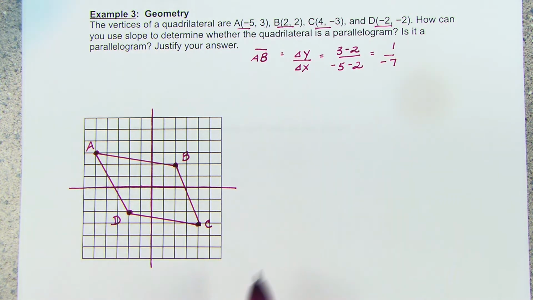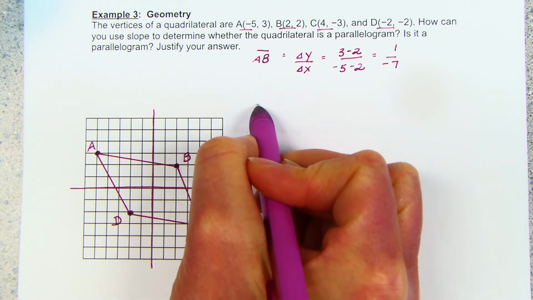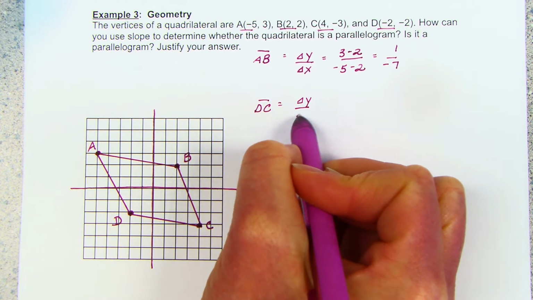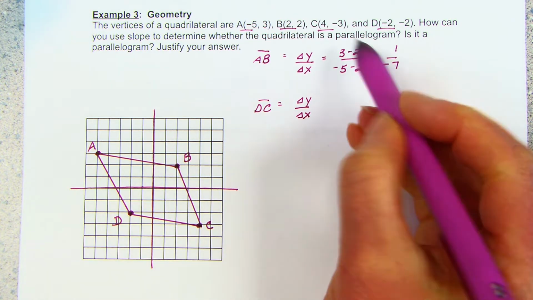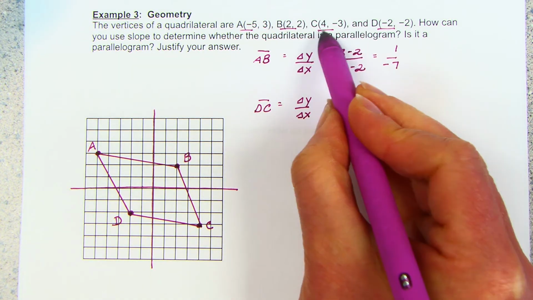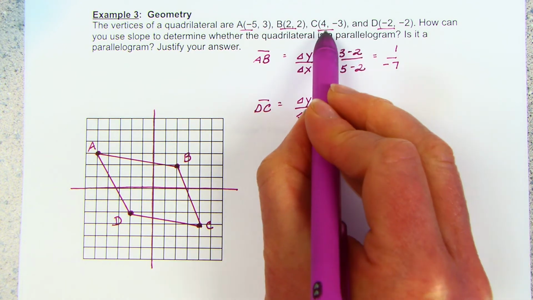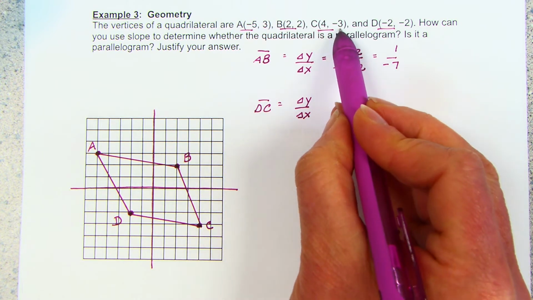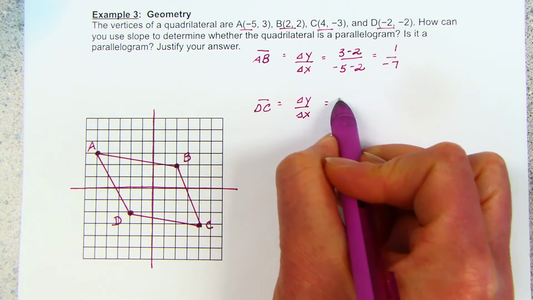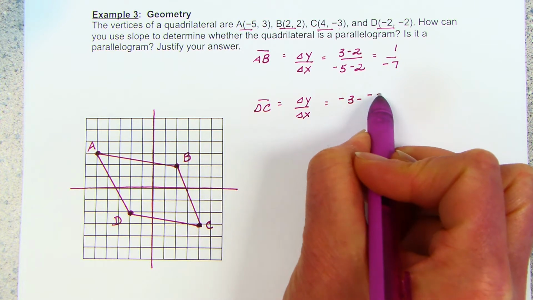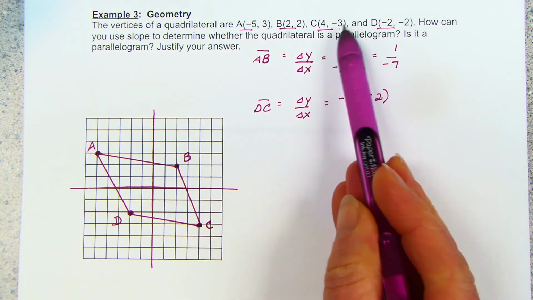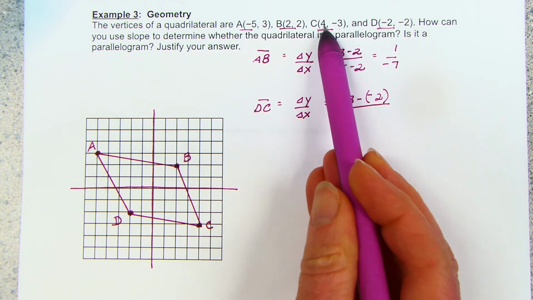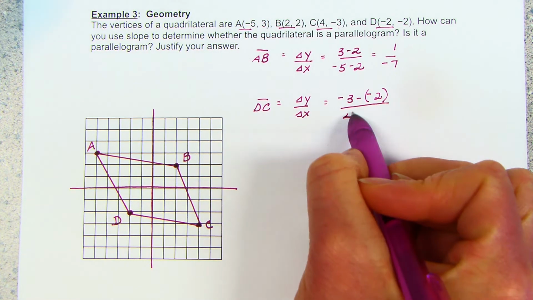All right, and then let's do DC. It doesn't matter which order I go in, so I can say change in y, negative 3 minus negative 2, over 4 minus negative 2.